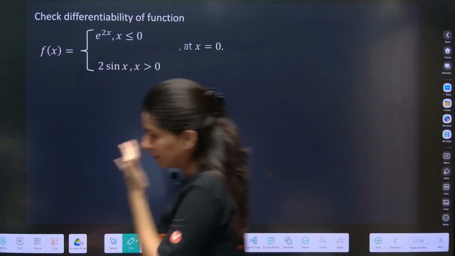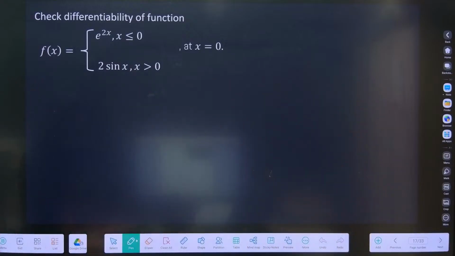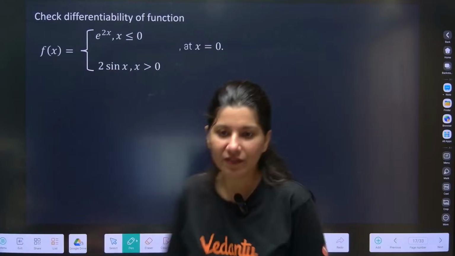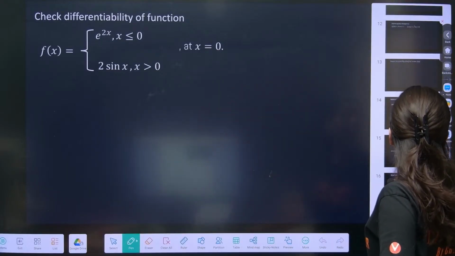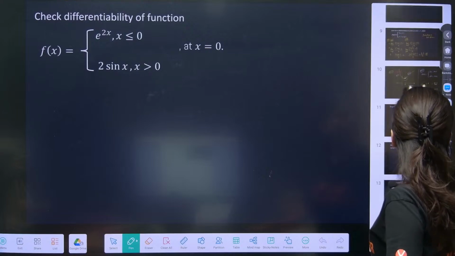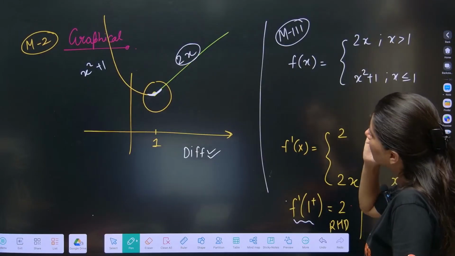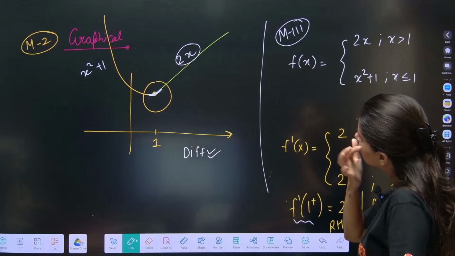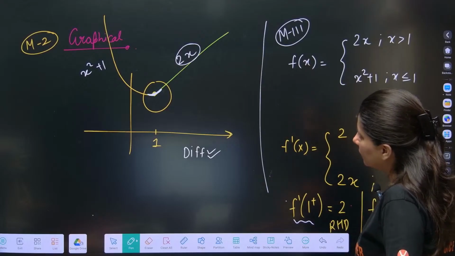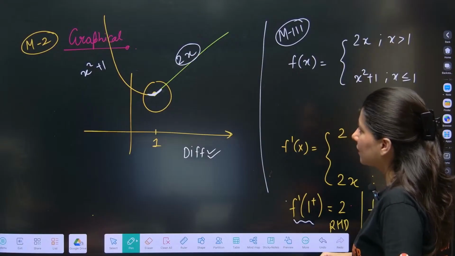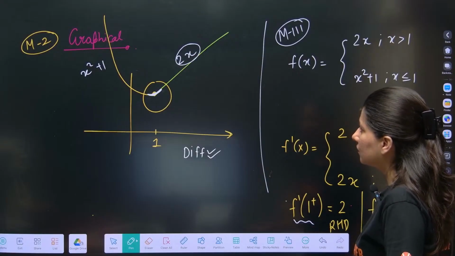Chalo, let's see. The graph is a bit inaccurate. Which graph are you talking about? This one? 2x and x square plus 1.